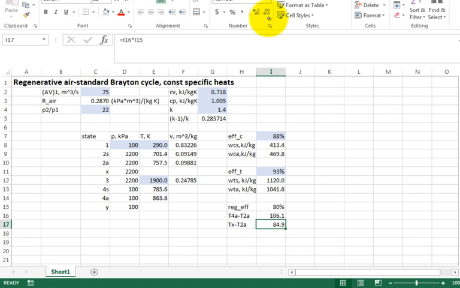Right there, good enough. So this means that it's going to go up by 84.9 degrees Kelvin. So it's going to come out 84.9 degrees Kelvin higher, and this one's going to come out 84.9 degrees lower.